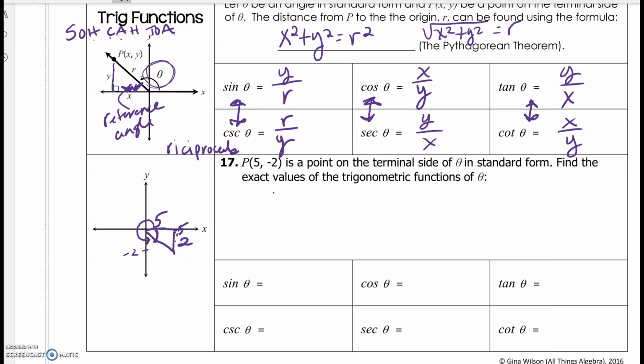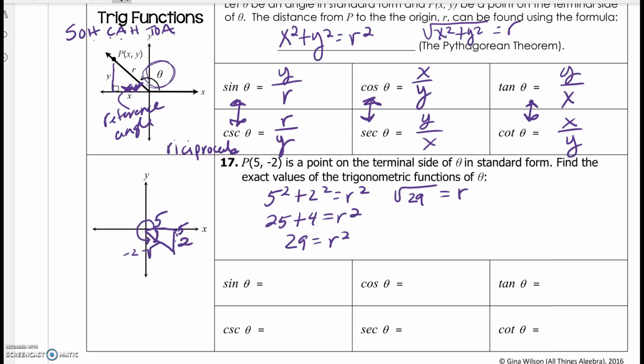If I do 5 squared plus 2 squared, that's going to give me r squared. 25 plus 4 equals r squared. 29 equals r squared. So square root of 29 equals r. So I know that this measurement is square root of 29. You know what?